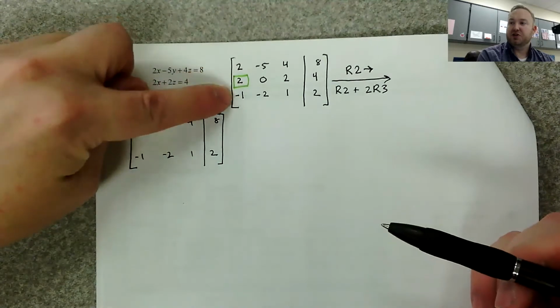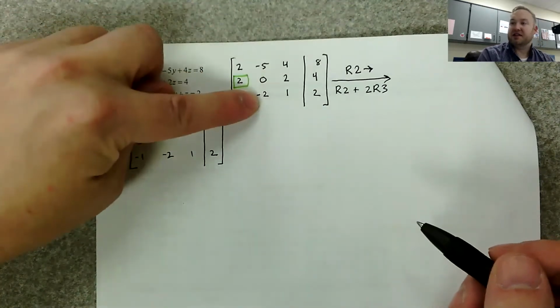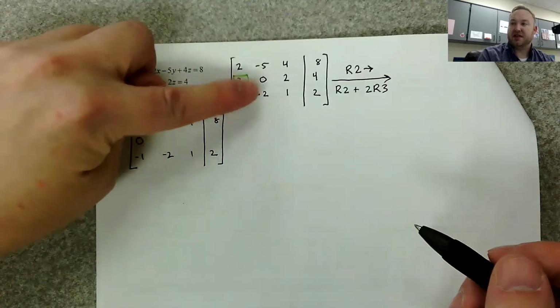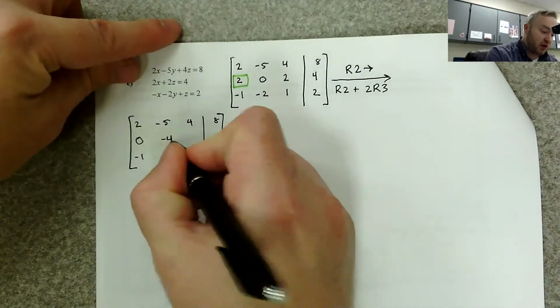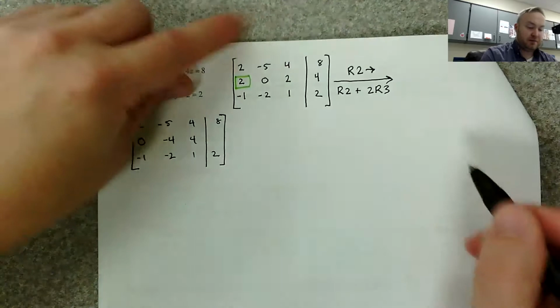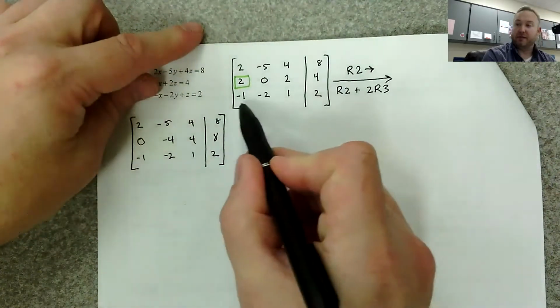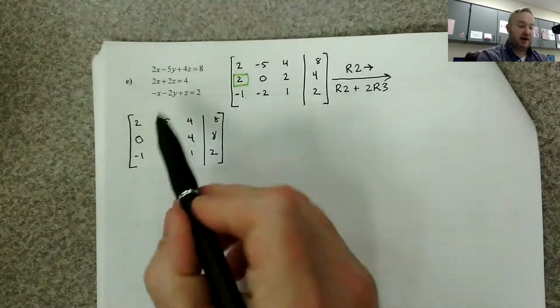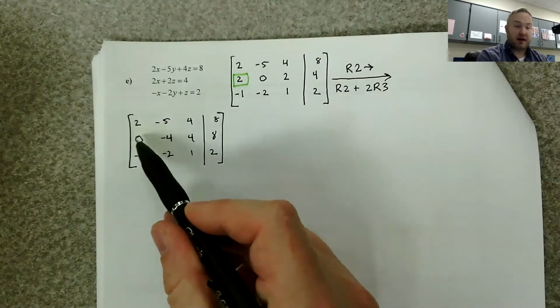So this would be 2 plus -2 gives me my 0. 0 plus -4, remember I'm doubling this number. So 0 plus -4 gives me a -4. 2 plus 2 gives me 4. And 4 plus 4 gives me 8. Okay, again, remember I'm doubling that number in row 3 and adding it to the number in row 2. Okay, look, I got that 0 right where I wanted it.